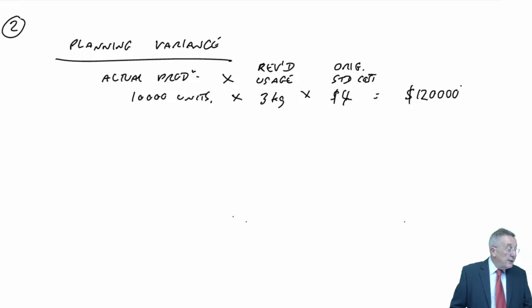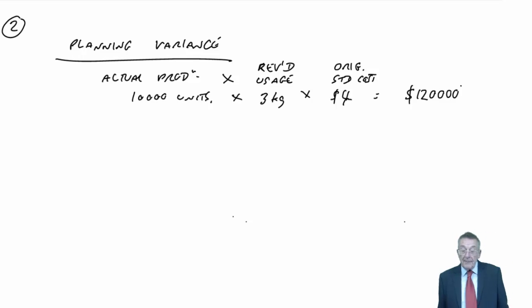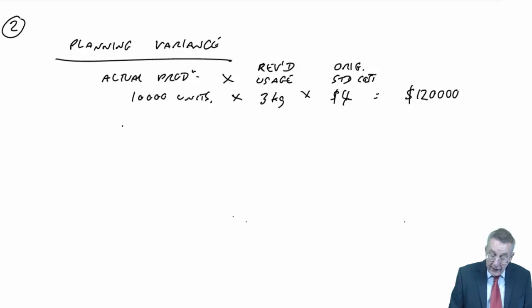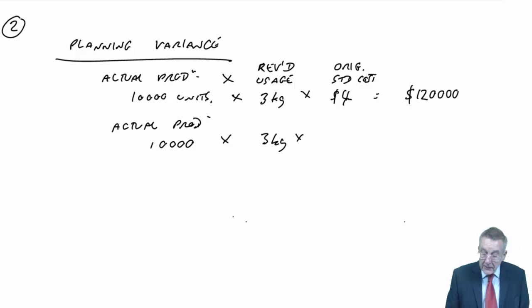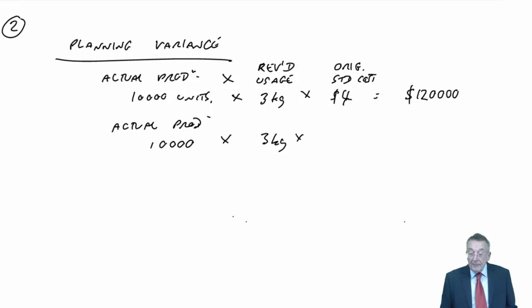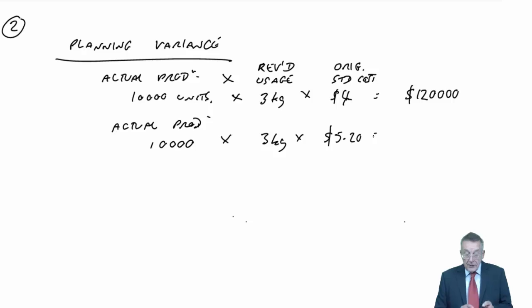It turned out that the global price was higher, so we should have had a standard cost, had we known, of $5.20. And so we compare the original cost to actual production 10,000. The revised usage, we still expect to use 3 kilos, but we would now expect to be paying $5.20 a kilo, I beg your pardon, which gives us a total of 156,000.